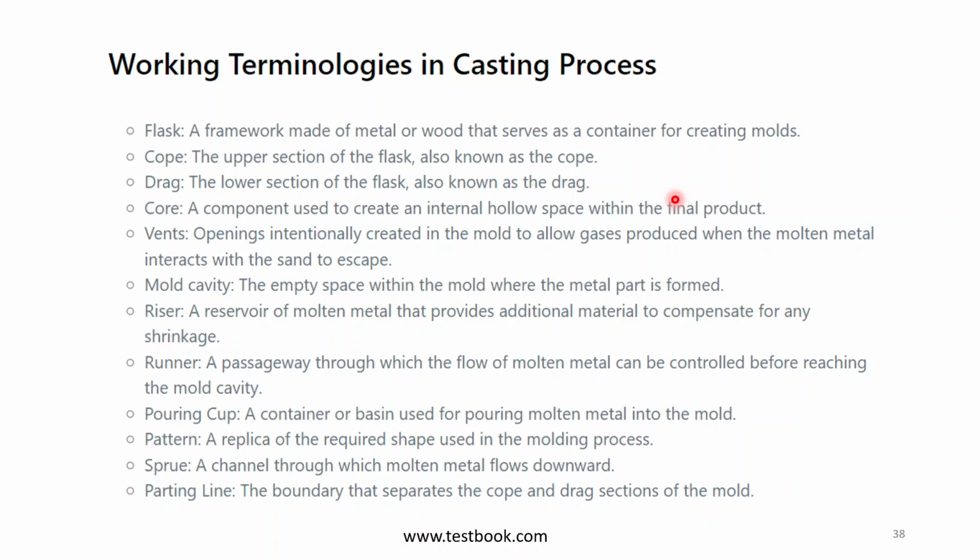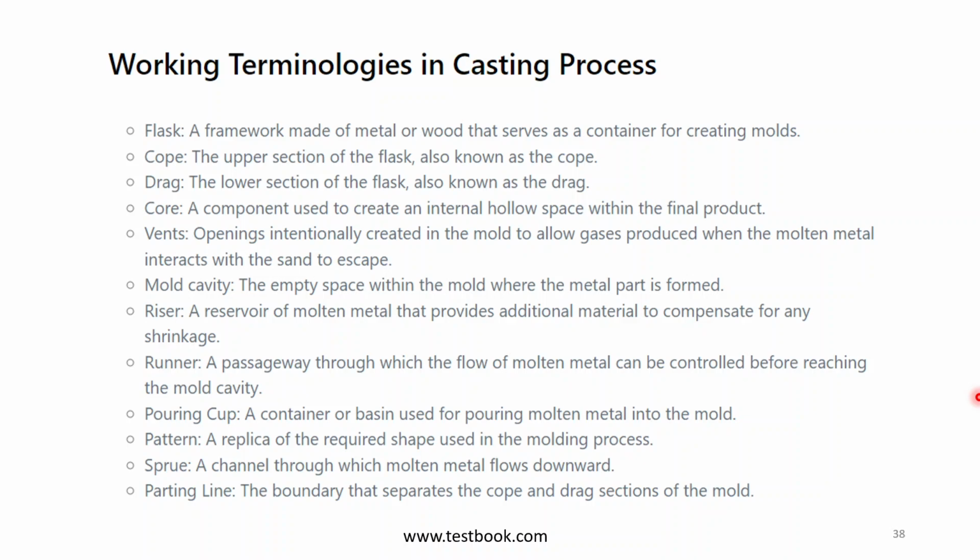Pouring cup is a container or basin used for pouring molten metal into the mold. Pattern is a replica of the required shape used in the molding process. Sprue is a channel through which molten metal flows downward. Parting line is the boundary that separates the cope and drag sections of the mold.